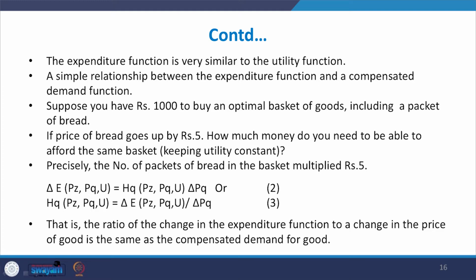A simple relationship between the expenditure function and a compensated demand function can be established through an example. Suppose you have 1000 rupees to buy an optimum basket of some grocery items in which a packet of bread is also included. If the price of the bread goes up by 5 rupees, how much money do you need to afford the same basket keeping the utility constant?